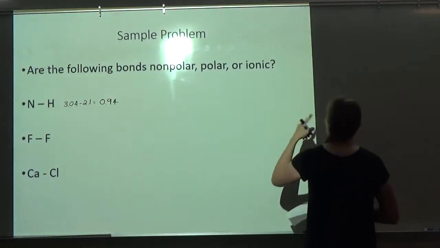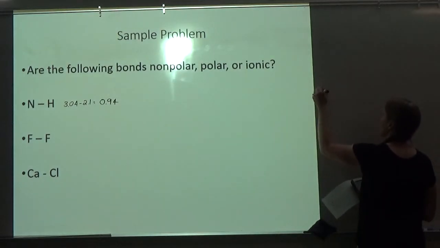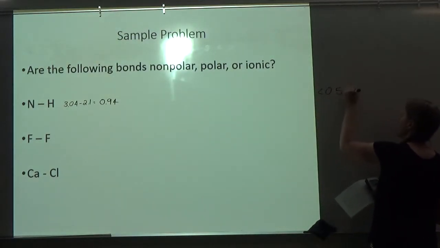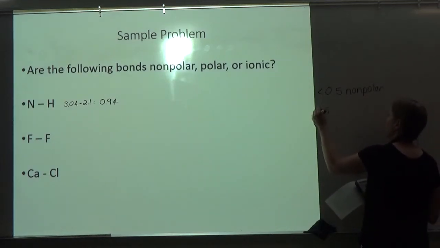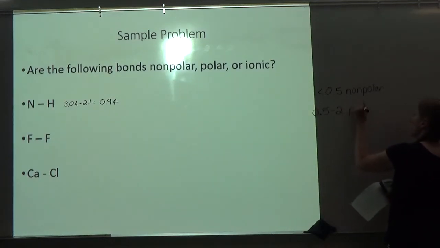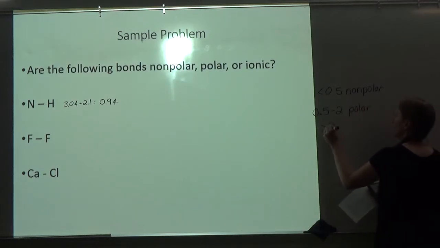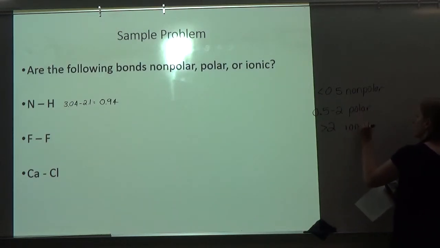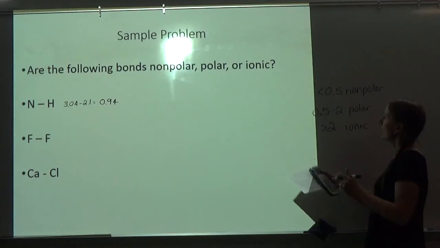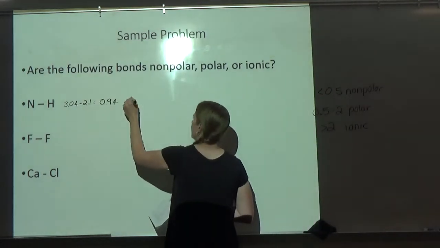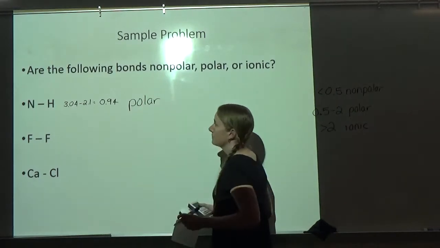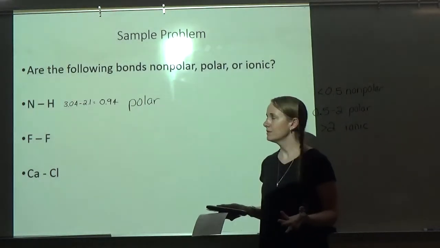Remember, less than 0.5 is nonpolar, 0.5 through 2 is polar, and greater than 2 is ionic. Since 0.94 is between 0.5 and 2, this would be considered a polar bond. And that's all you have to do.